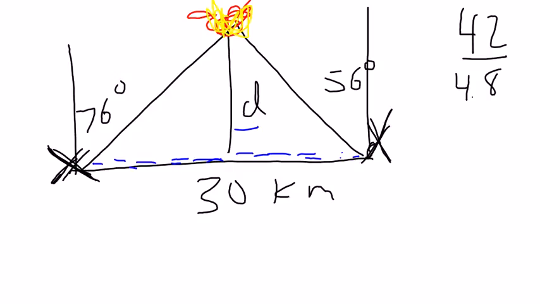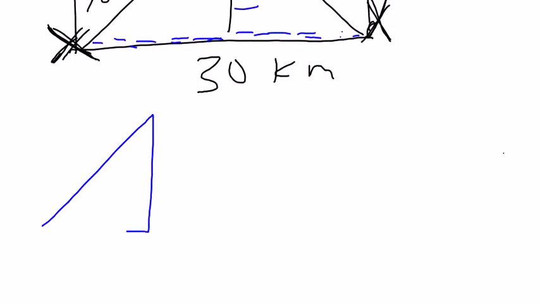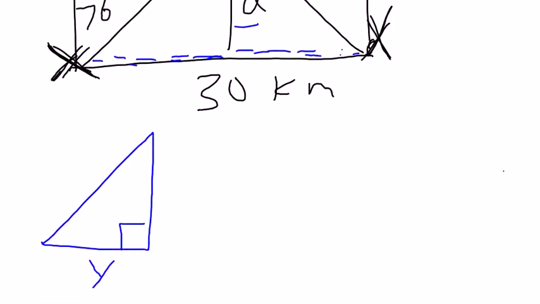Well, we got two triangles here. The first triangle is the one on the left. And I'll just say this bottom is y for it. We'll figure out that bottom in a second, but for now it's just y. The outside angle is 76, which would mean the inside angle is 14 degrees. Alright, and then this distance is d.